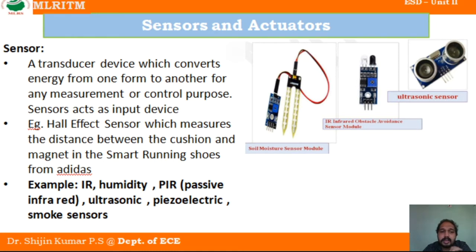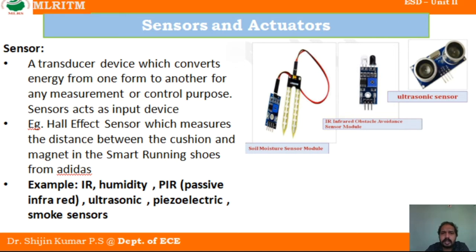What is a transducer? A transducer is a device which converts energy in one form to another form. Here the energy is in different forms, for example temperature and pressure. We have to convert these values into voltage. That is the purpose of a sensor.